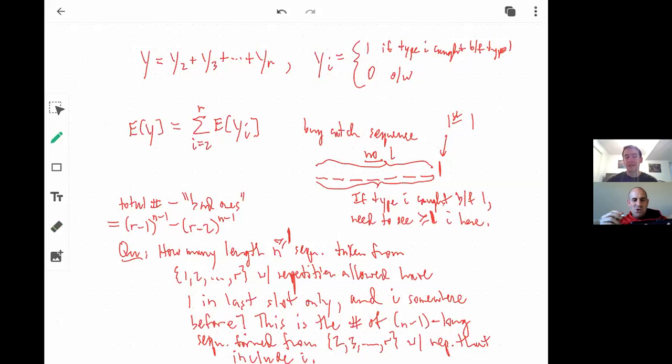So for a given one of these sequences, we've at least counted the total number of them, but I need to know how many bugs of each type I caught.